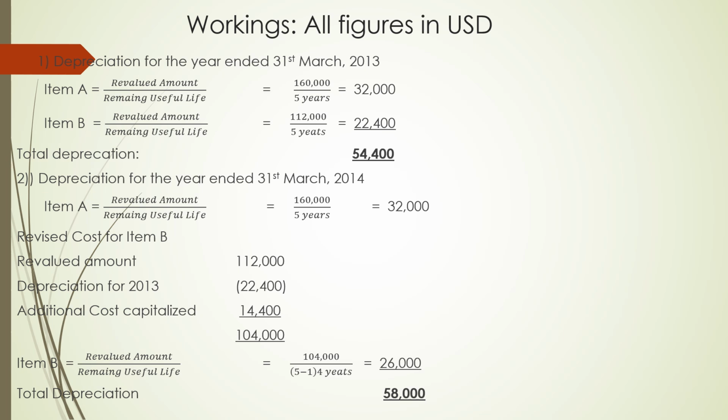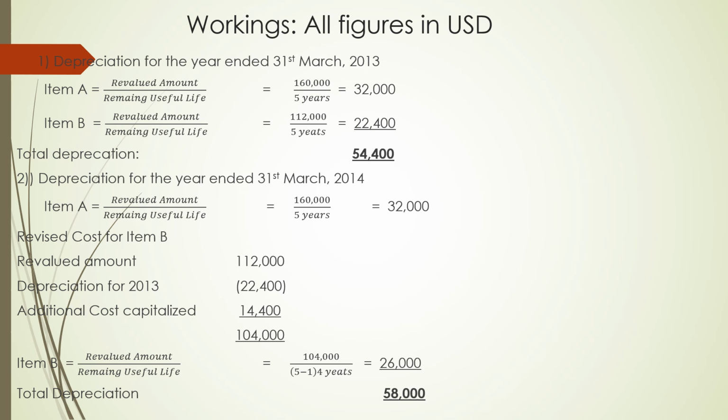So when you punch your calculator, 112,000 minus 22,400, this will give you 89,600, and then you add the 14,400. When you do that, you arrive at the figure 104,000. So the 104,000 will now become our revised cost for item B.